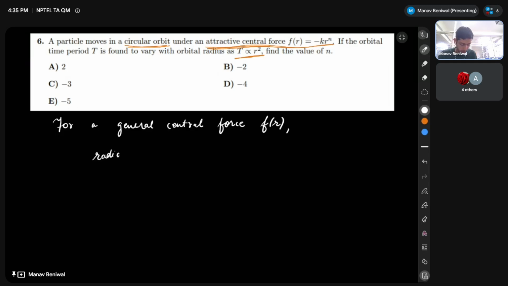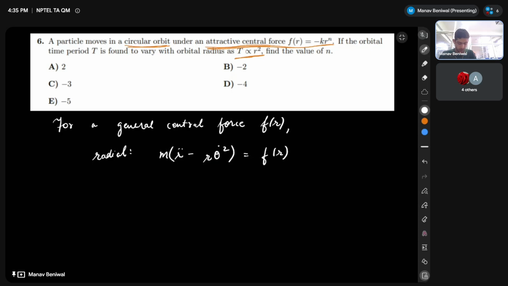So we get a radial equation, which is m times r double dot minus r theta dot squared, equals F of r. This is Newton's second law written for the radial component.